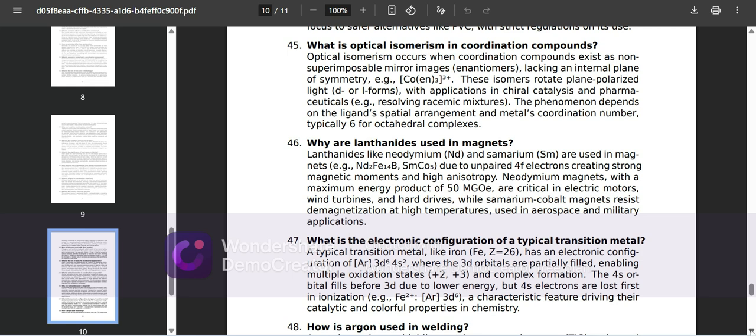For example, [Co(en)3]3+. These isomers rotate plane-polarized light, D or L forms, with applications in chiral catalysis and pharmaceuticals, for example resolving racemic mixtures. The phenomenon depends on the ligands, spatial arrangements, and the metal's coordination number, typically 6 for octahedral complexes.